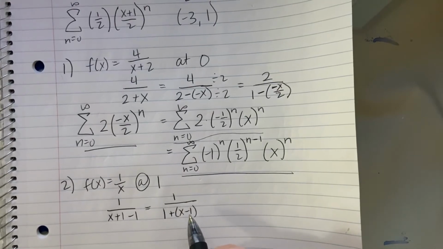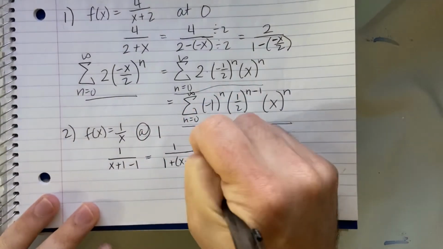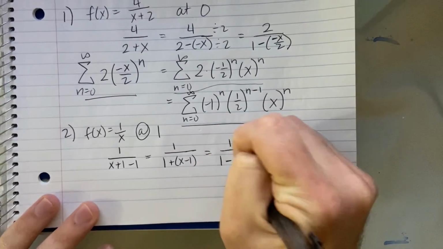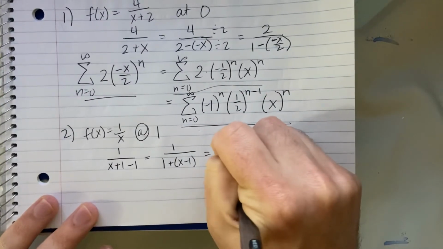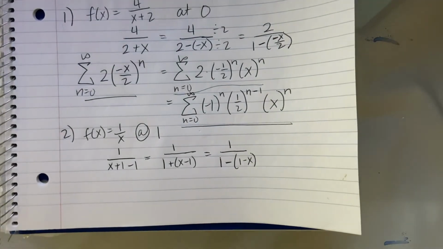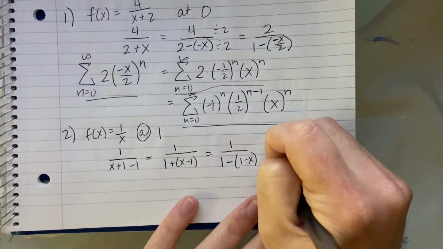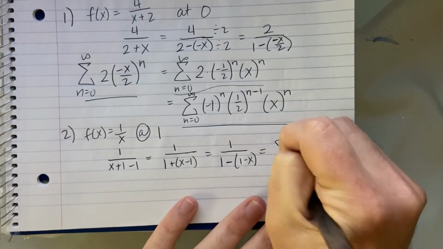What's the problem? This is supposed to be a minus, so this is 1 over 1 minus what is essentially 1 minus x. You can also put in negative x plus 1. Shouldn't be a problem either way. So what is this now? Is this a over 1 minus r form?